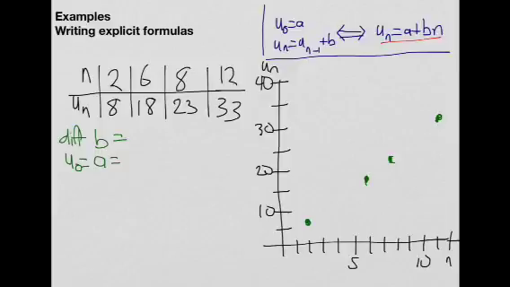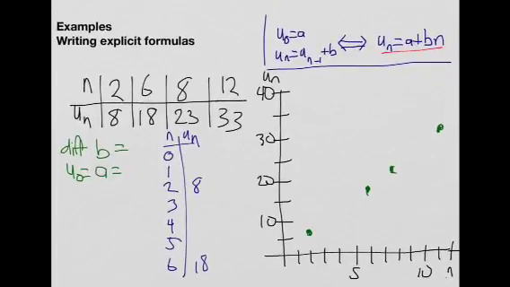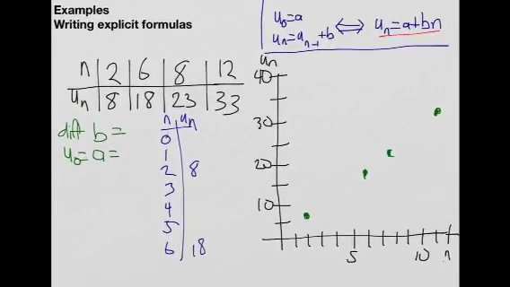So I'm going to play a little bit with this table. I'm going to switch it down vertically here. And I want a 0, so I'll start with 0, 1, 2, 3, 4, 5, 6. I know at 2 I'm at 8, and at 6 I'm at 18. And I want to see what I'm adding each time.